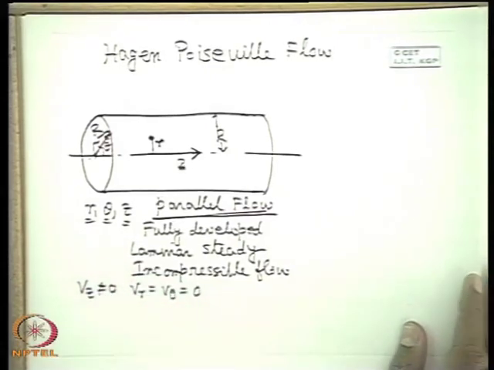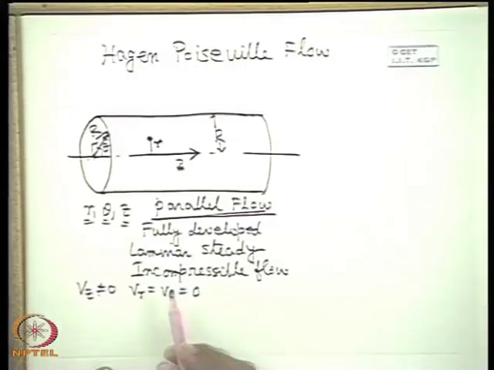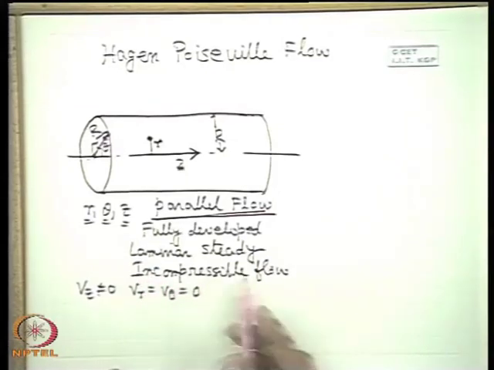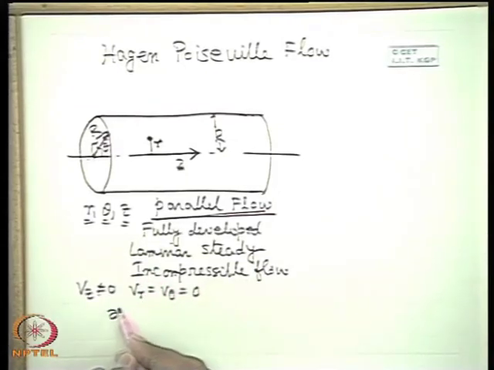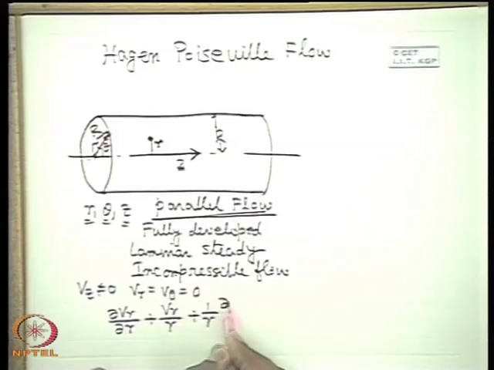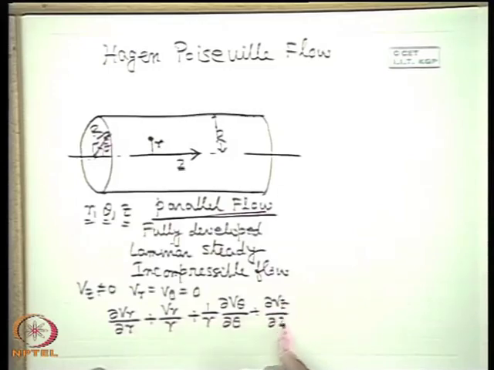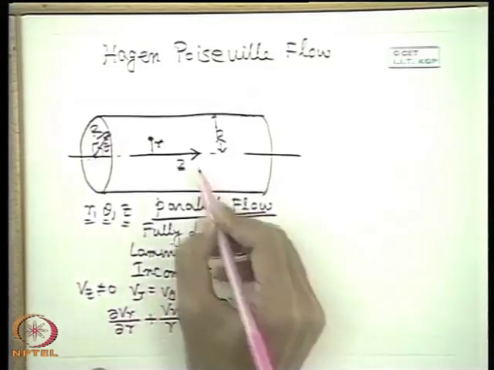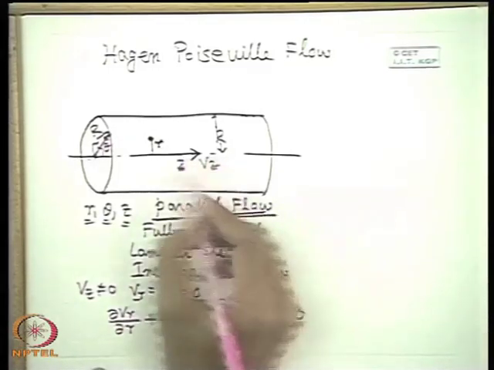If we write the incompressible flow continuity equation in cylindrical coordinates, you recall, del Vr del R plus Vr by R plus 1 by R del V theta del theta plus del Vz del Z is equal to 0. Vr is the R direction velocity, V theta is the tangential, azimuthal direction velocity, and Vz is the Z direction velocity.